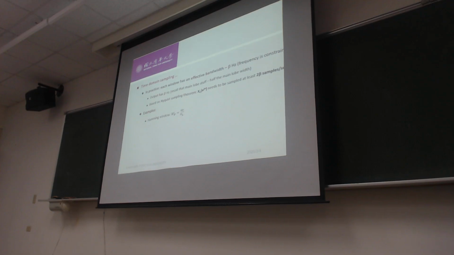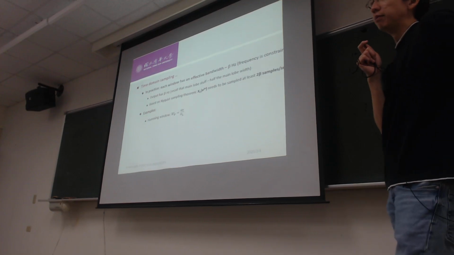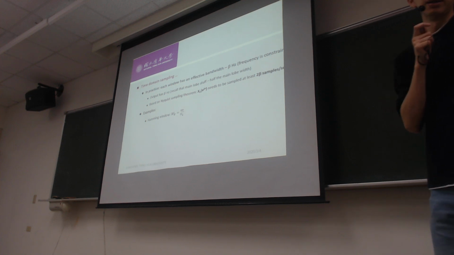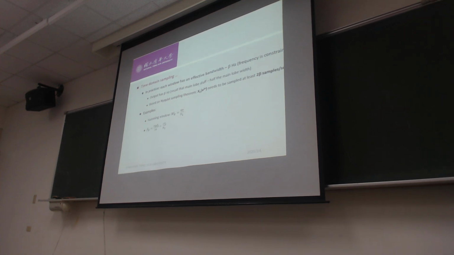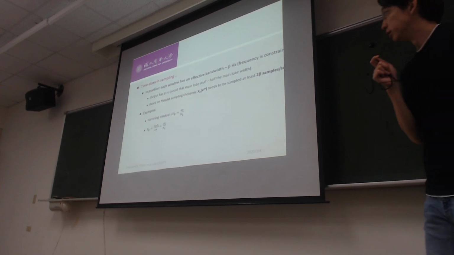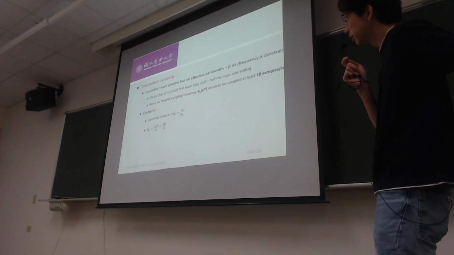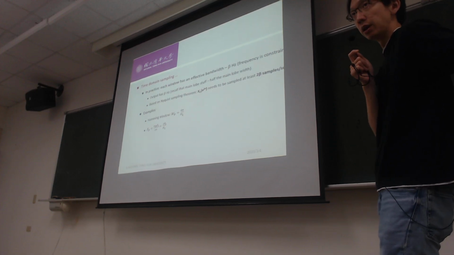So an example, right, Hamming window, okay, the main lobe width is ω_B equals 4π divided by N_L, which is the length of the segments. Your F_B, okay, is basically 2F_s divided by N_L. F_s is your original sampling frequency, divided by N_L, which is the length of the segment.